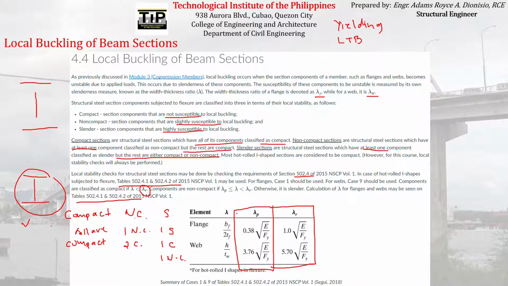Kapag yung na-compute mo na lambda is less than sa lambda p, therefore it can be classified as compact. Okay? Kapag nasa pagitan naman ng lambda p tsaka ng lambda r, in between them, you can consider them as non-compact. Okay? Otherwise, kung greater than lambda r na, we can consider them as slender.